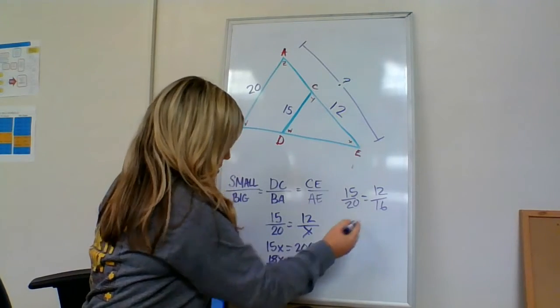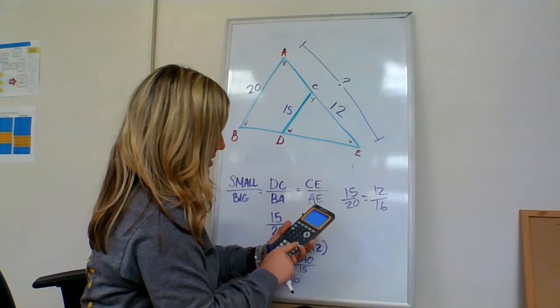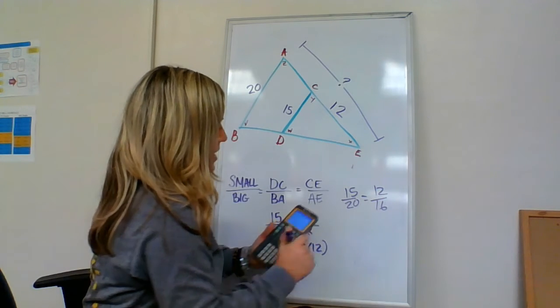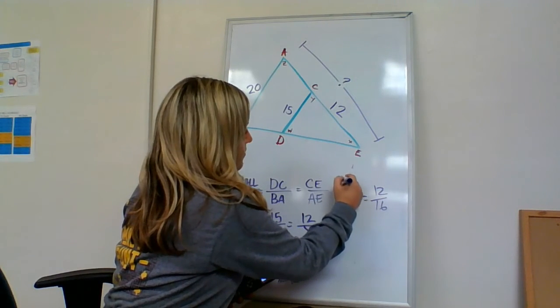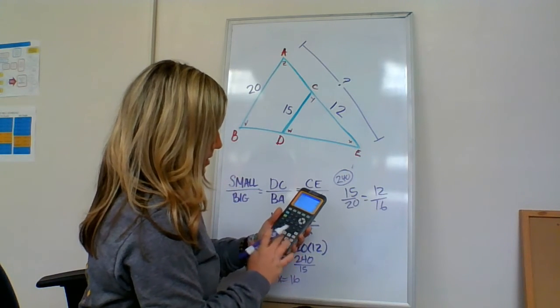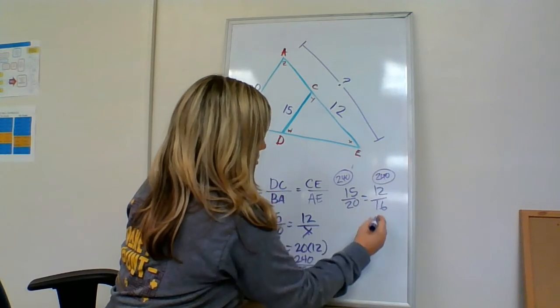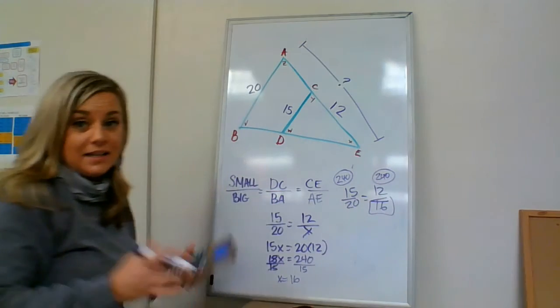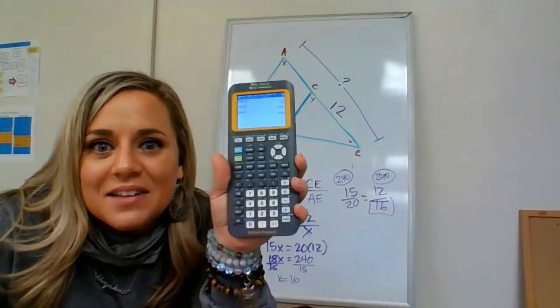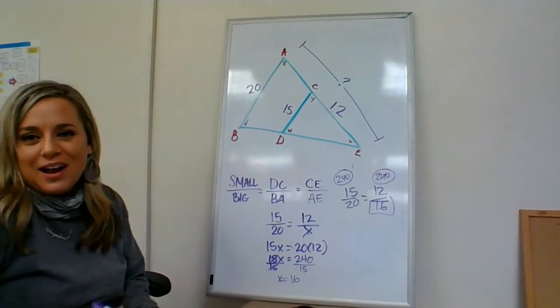So 16 times 15, even though I just did it, is 240. And 20 times 12 is 240. They are equal, so I know 16 is my answer. I did it right. And that took 3 seconds to check my work. And I know it's right. I checked it.